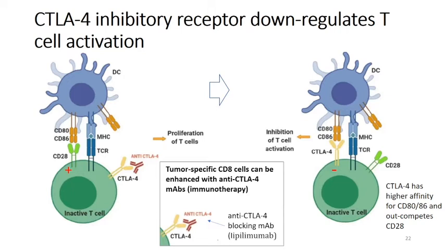Some tumors express these, but the T cells can kill tumor cells, and they're a blocking antibody. So the antibodies actually block CTLA4 signals with tumor cells.